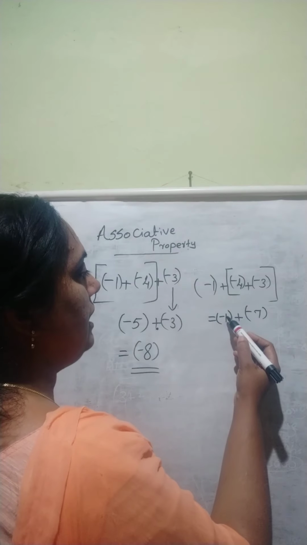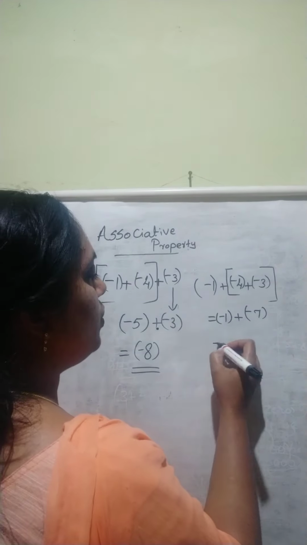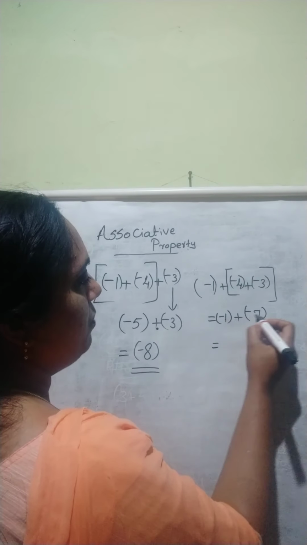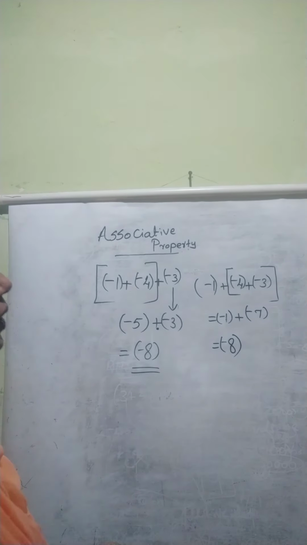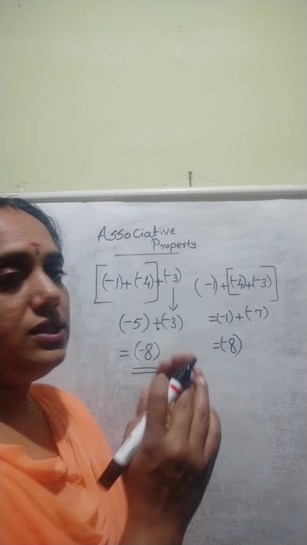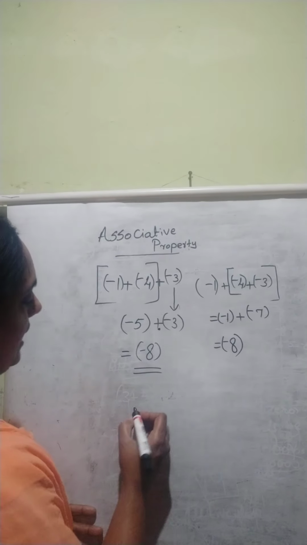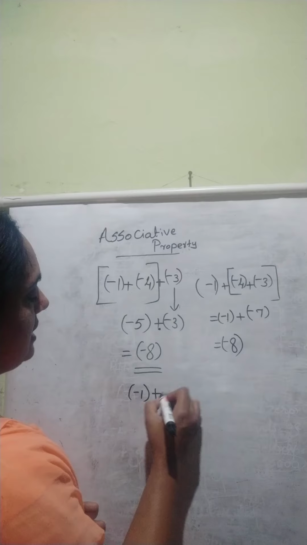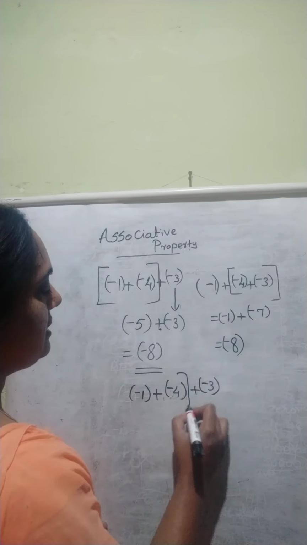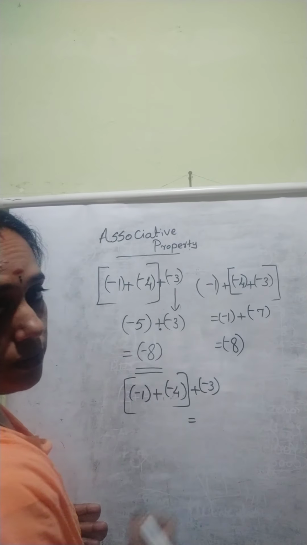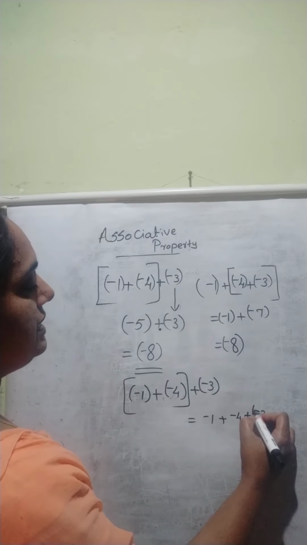We are adding the same sign, so the sign is negative itself. We add these two numbers, 1 plus 7 is 8. Then keep the negative symbol. So, in this case also we got the same answer. So, we can write (negative 1 plus negative 4) plus negative 3 is equal to negative 1 plus (negative 4 plus negative 3).